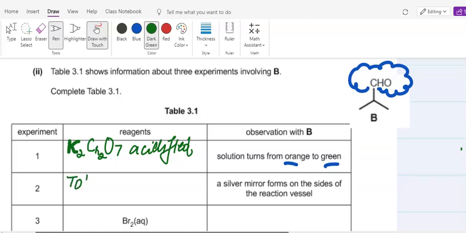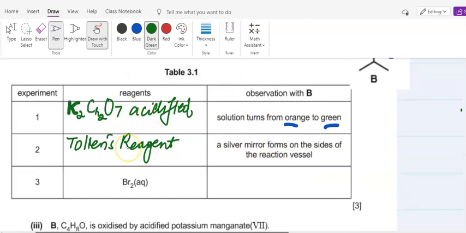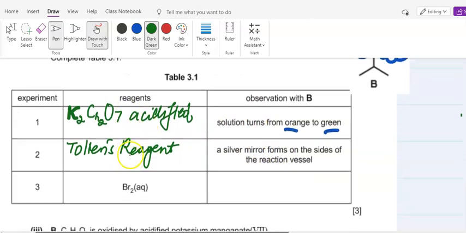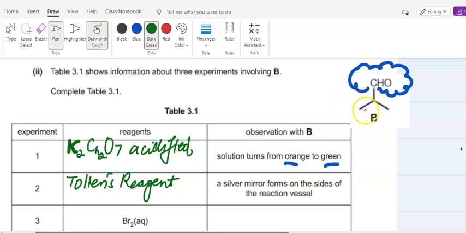Then we have another reagent known as Tollens' reagent. The silver mirror test is done with Tollens' reagent, or you can also name it ammoniacal silver nitrate. Now they are asking what kind of change occurs when you add aqueous bromine to B. You will simply write no change.